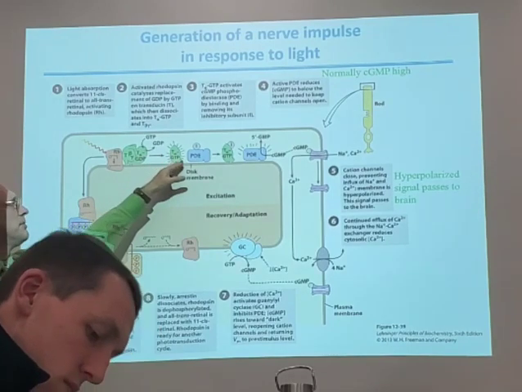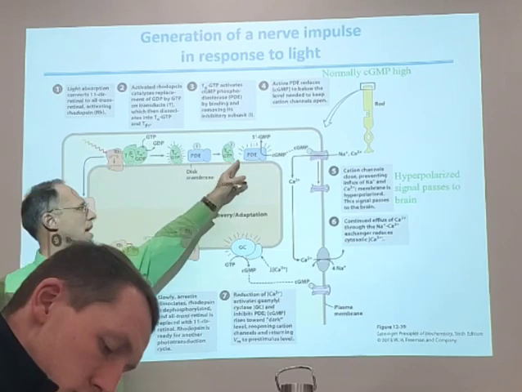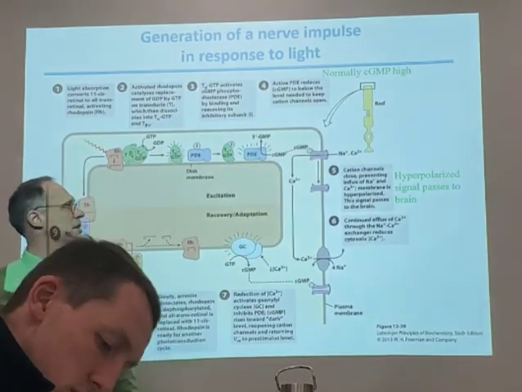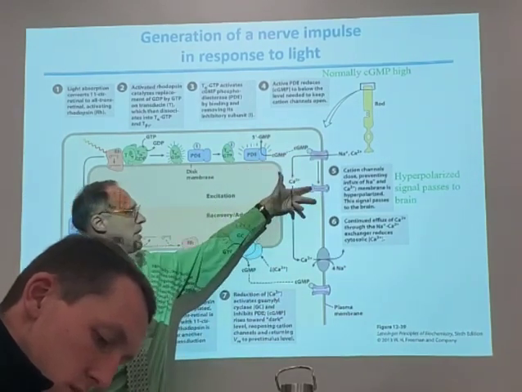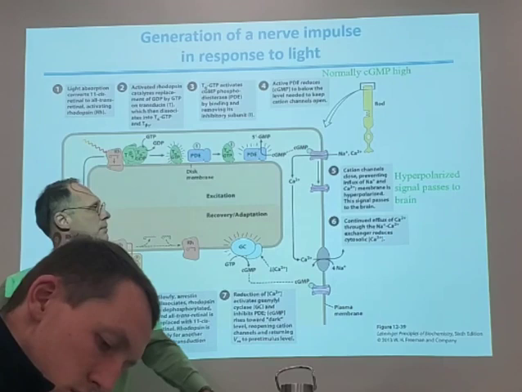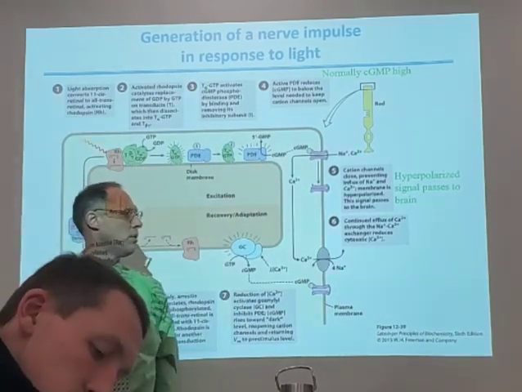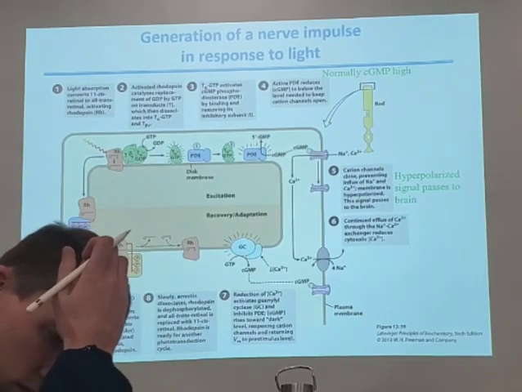And now I have GTP bound alpha subunit, which is now dissociated, affecting that phosphodiesterase. We just talked that through, right? Closing and shutting down the cyclic GMP causes it to fall off, which actually ultimately closes the channel. No more of the sodium, calcium running through, and that causes a depolarization of it.